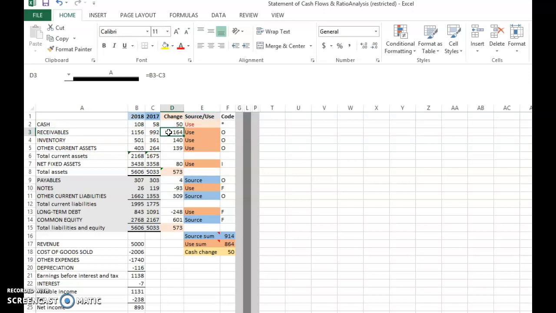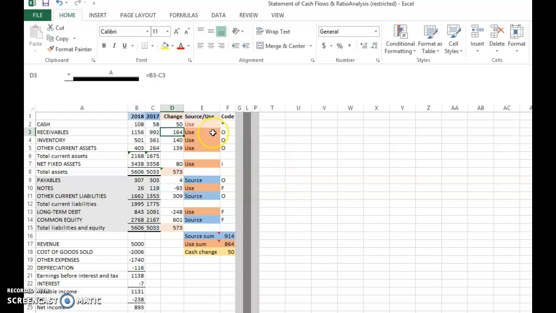Remember the principle that we have seen in the previous slide? If it is an asset item and it goes up, it means it is a use of cash. Cash has been used because cash has been converted into receivables. There is more receivables now, that means more cash is tied up as receivables. Therefore, this 164 is actually a use of cash.